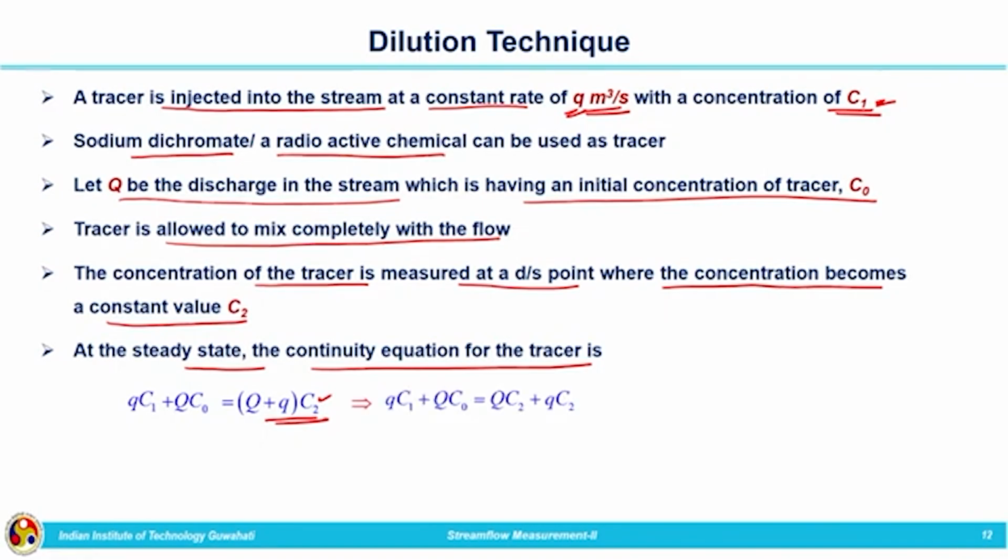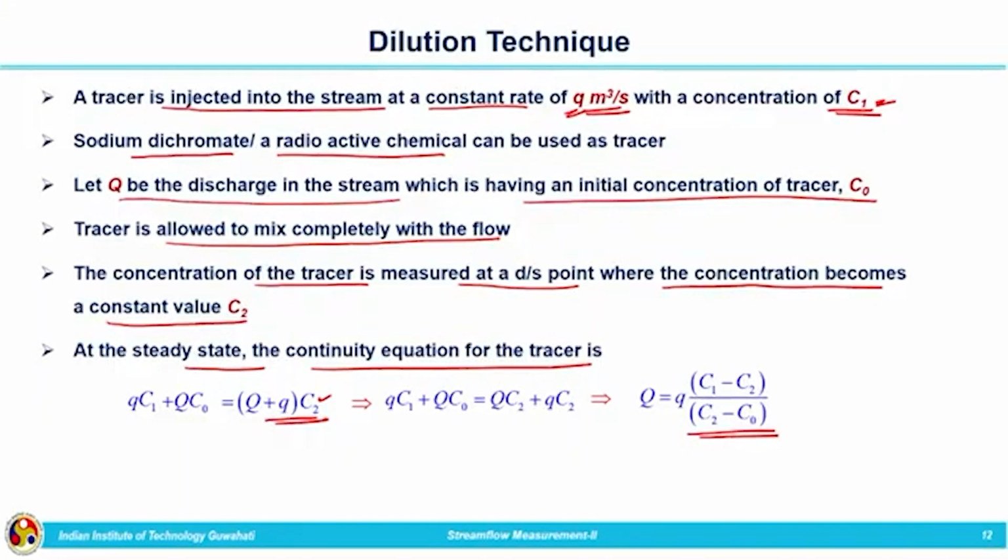This equation is rearranged like this, and we can write Q as small q multiplied by (C1 minus C2) divided by (C2 minus C0). Here, if C0, the concentration of the tracer present in the water, is of very small quantity, we can neglect it.